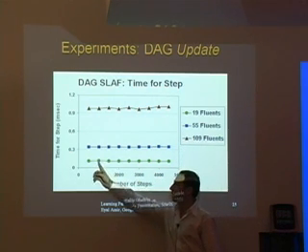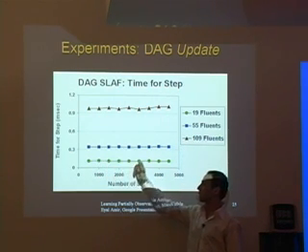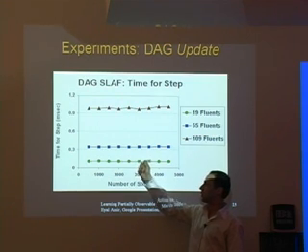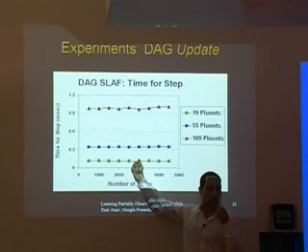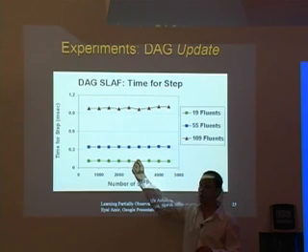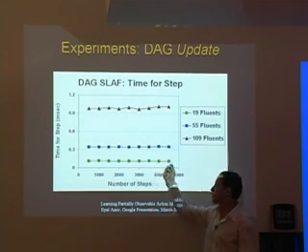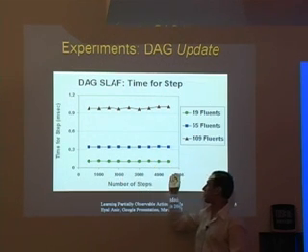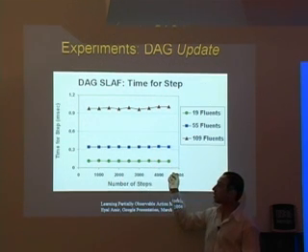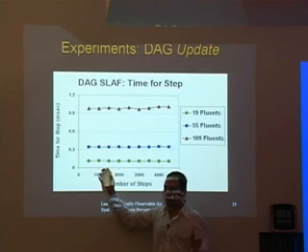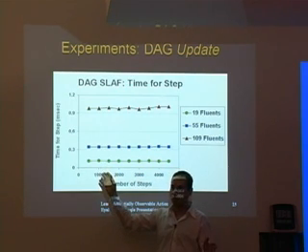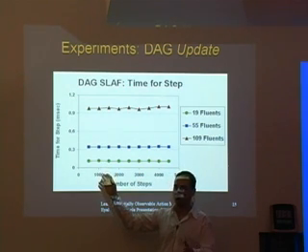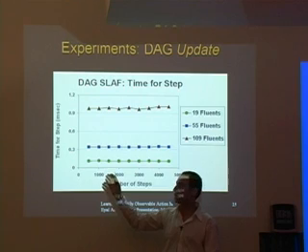What you see at every time point is the time that it takes to do an update of the formula for one step. This is over about 5,000 steps, where each step is another piece of data, another action got executed, another observation was seen.